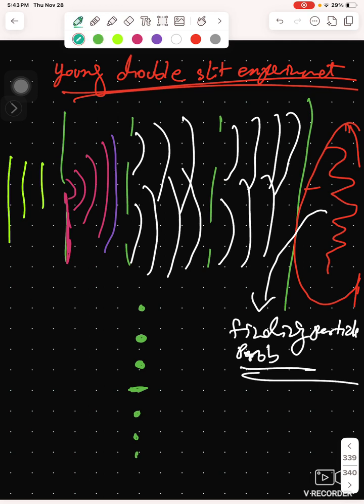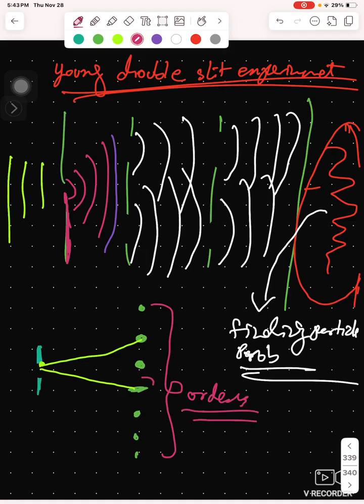When we have a light beam as a wave, it goes through this slit. Okay, we can actually calculate. One more thing, these over here are known as orders.